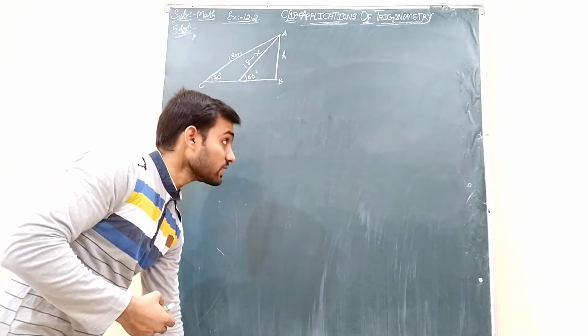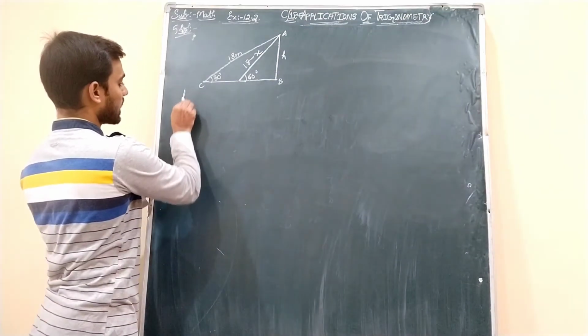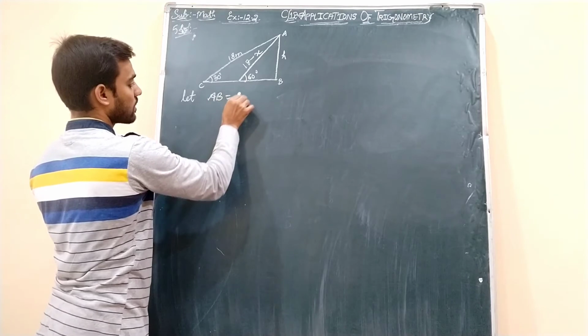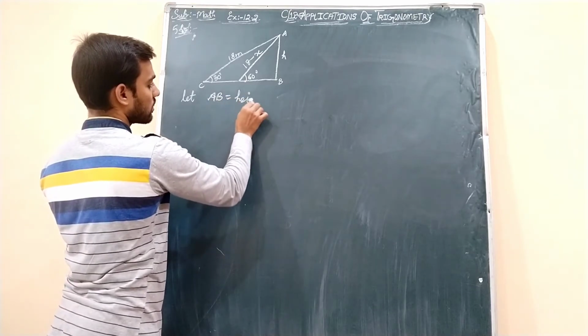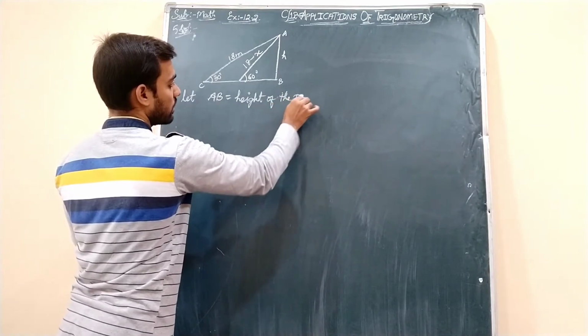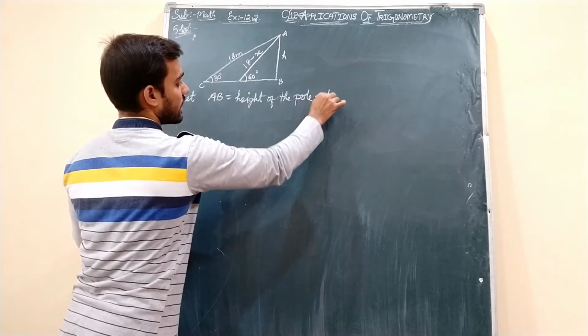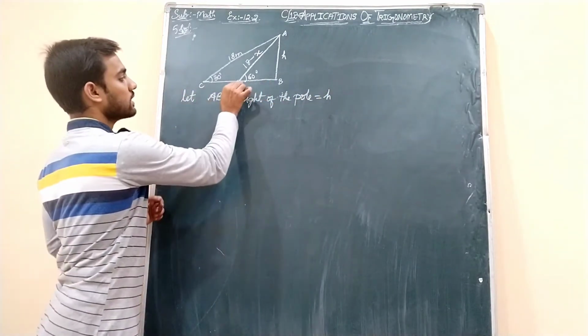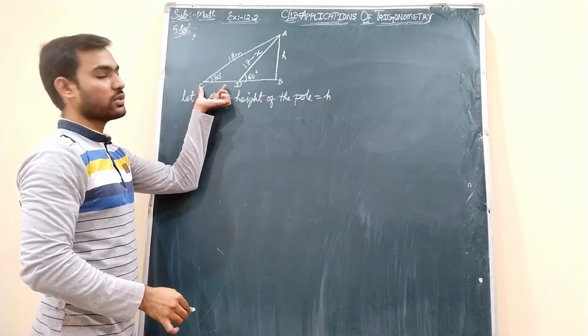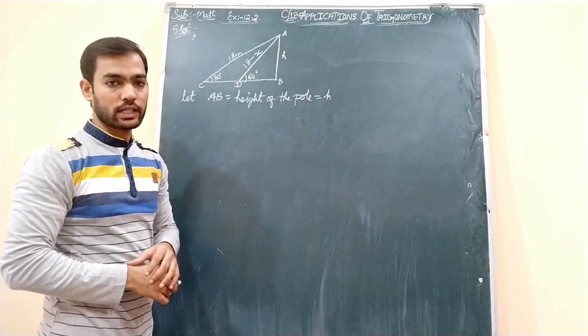Okay students. So now we will write the considerations. AB is the height of the pole that we have taken as h. No need to write regarding this, students. This I take as d, but no need to write about this information because you don't require that.